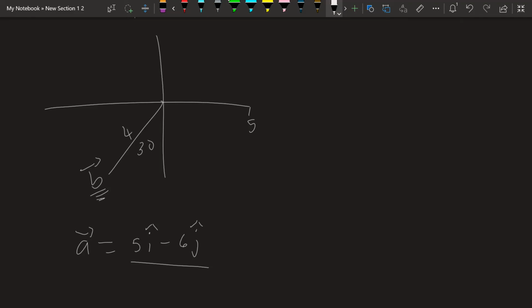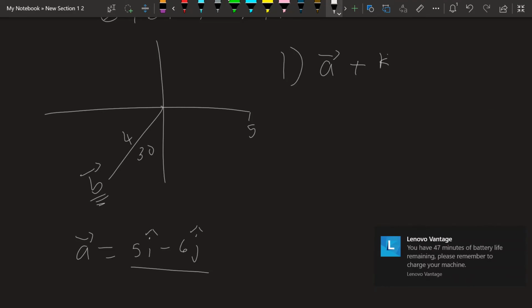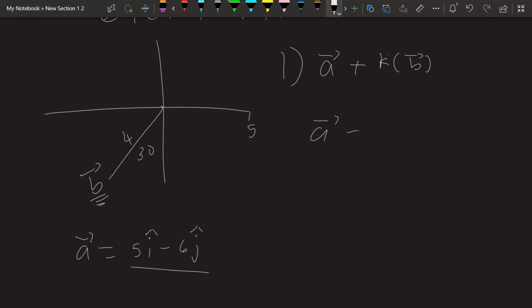So the first method of doing it is literally saying A plus k times the vector. This is how you would do it in the exam to save yourself time. You would say A plus some constant k multiplied by B. But if you want the actual explanation, let me substitute. So 5i minus 6j plus k into b.